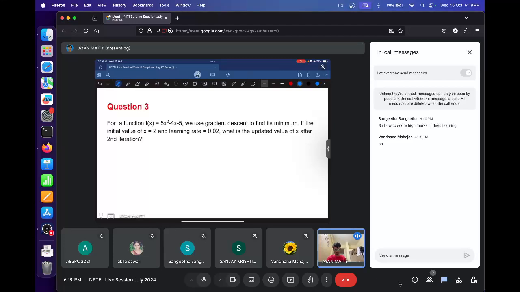Now the third question. For a function f(x) = 5x² - 4x - 5, we use the gradient descent algorithm to find its minimum. If the initial value of x is 2 and the learning rate is 0.02, what is the updated value of x after the second iteration?